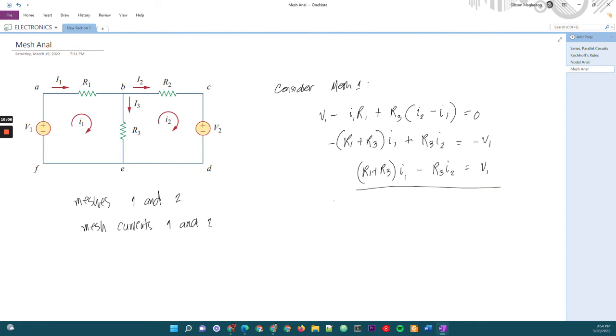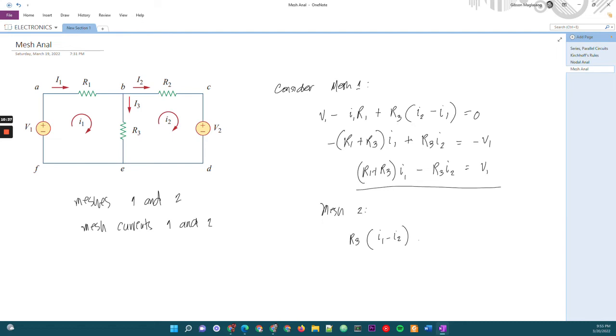Now consider mesh 2. Okay, so for mesh 2, we still use KVL. So we have R3, and then we have I1 minus I2, right?